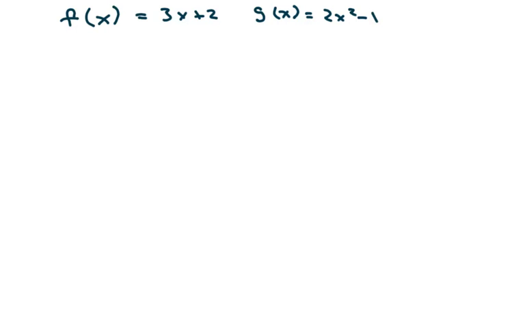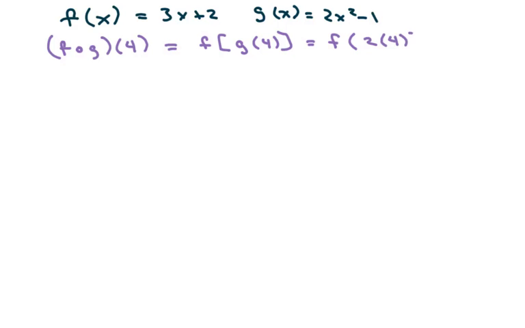We're going to compose f of g of 4, which equals f of, well, g of 4. So I figure out g of 4, which is going to be 2 times 4 squared minus 1, which equals 31.